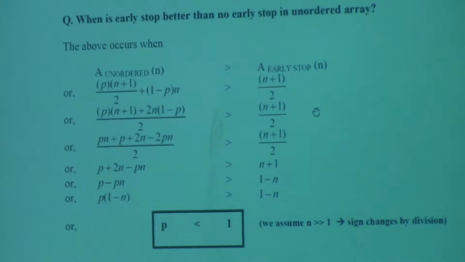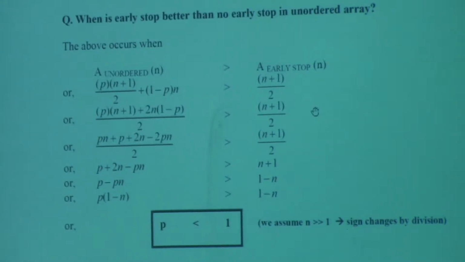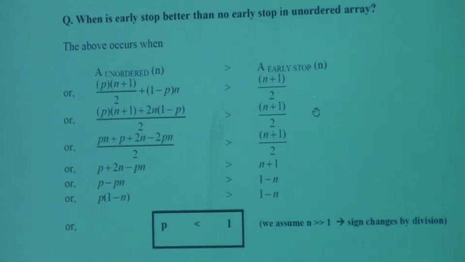Well, first of all, p is a probability, and the value of a probability cannot be less than 0 and cannot be more than 1. So the only value for probability which is not less than 1 is when p is exactly 1. And that means that the probability of finding the element in the array is 100% certain.